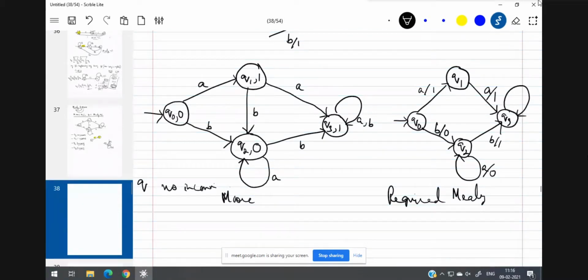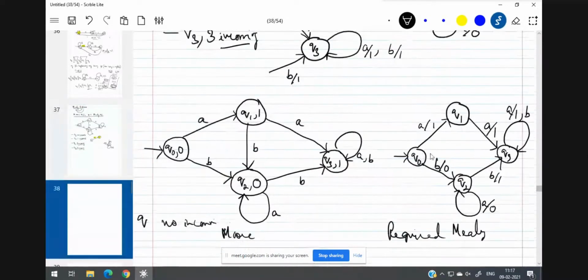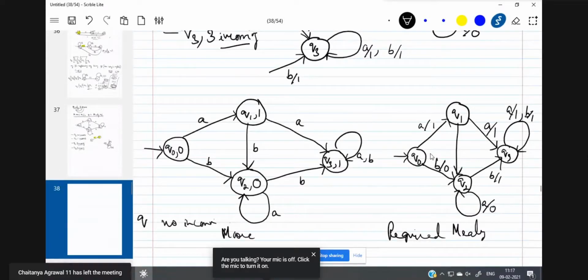And then for the Q3 self loop, we have the first input symbol with output 1, and B with 1 as the second one. Then what about this Q1 to Q2?